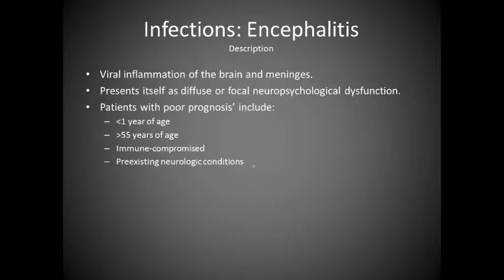Patients with poor prognosis include patients less than 1 year of age, greater than 55 years of age, immunocompromised, and or having pre-existing neurological conditions. If you'll notice, the immunocompromised typically do fall into both of these categories. People greater than 55 are at risk, and patients who are less than 1 who have not built up an immune system to the full extent are in this category.